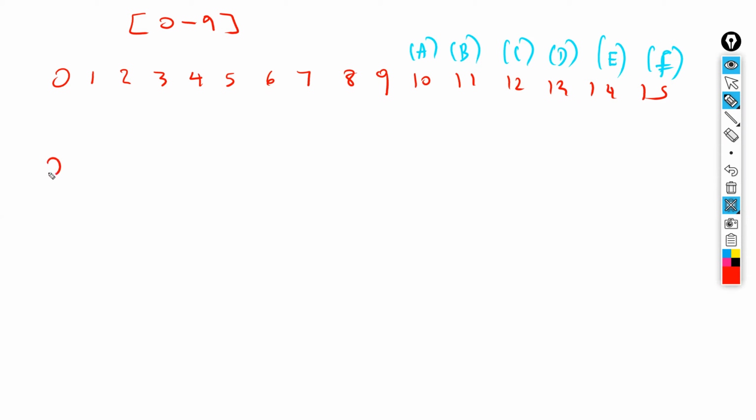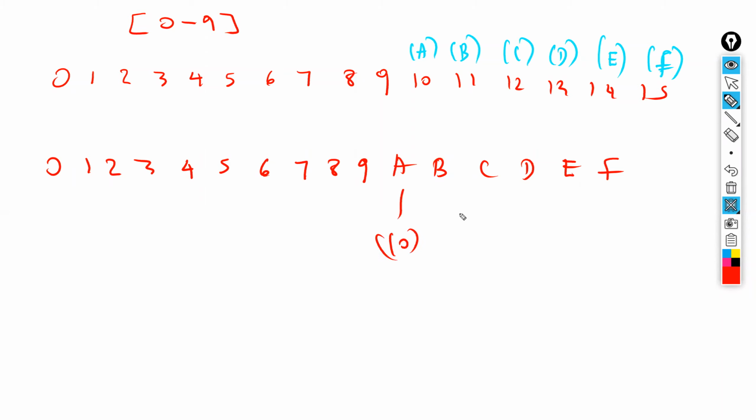Actually you can write 0, 1, 2, 3, 4, 5, 6, 7, 8, 9. Then you can say A, B, C, D, E, F. A refers to the value 10, B 11, C 12, D 13, E 14, and F 15.